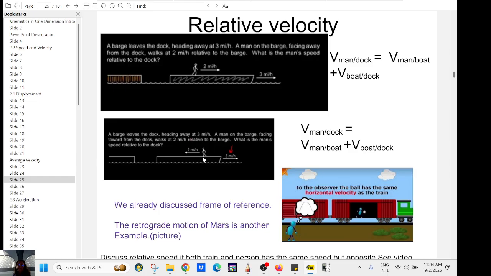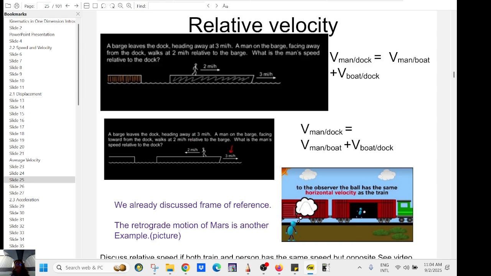So let me understand what's going on. If the boat was going at the same speed as the guy, you would not move. You will always be at the same place. I understand. So for the first question, you have man divided by dog is what you want for your result.